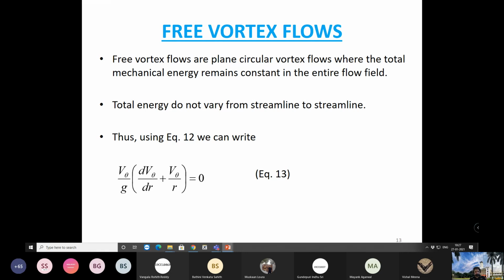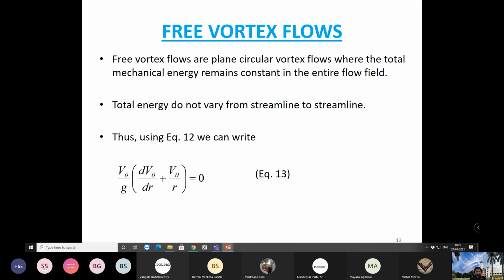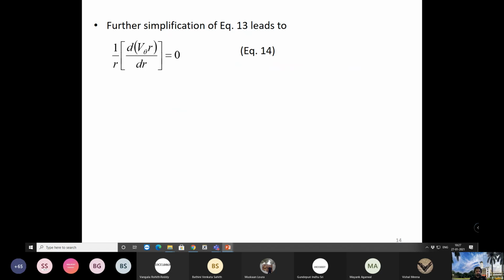All right. To further simplify and do the integration, you can write 1 by r d(V theta r) by dr is equal to 0. The same equation. If you integrate this, you get V theta is equal to some constant C divided by r. So V theta is inversely proportional to the radius.